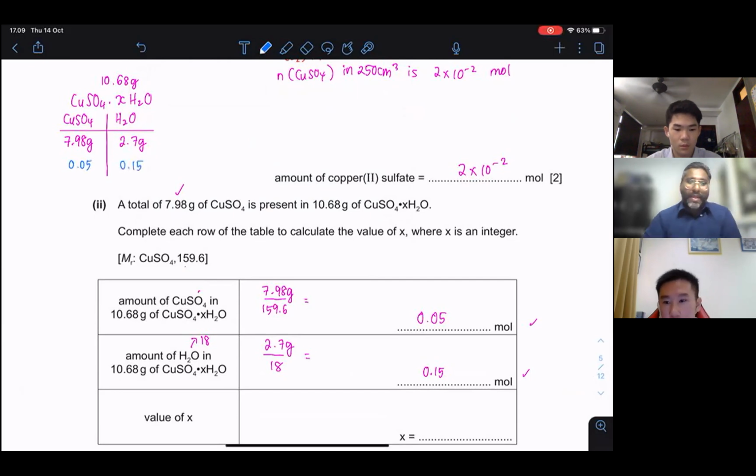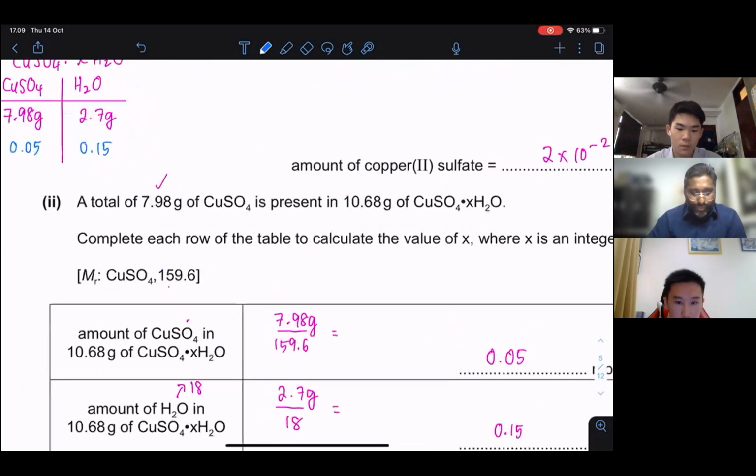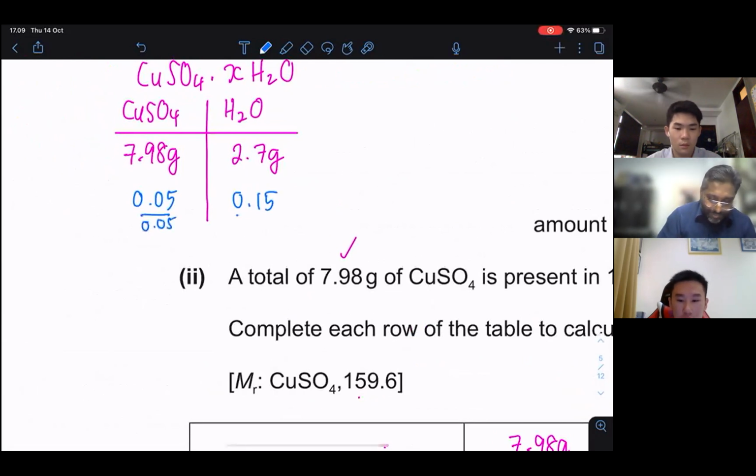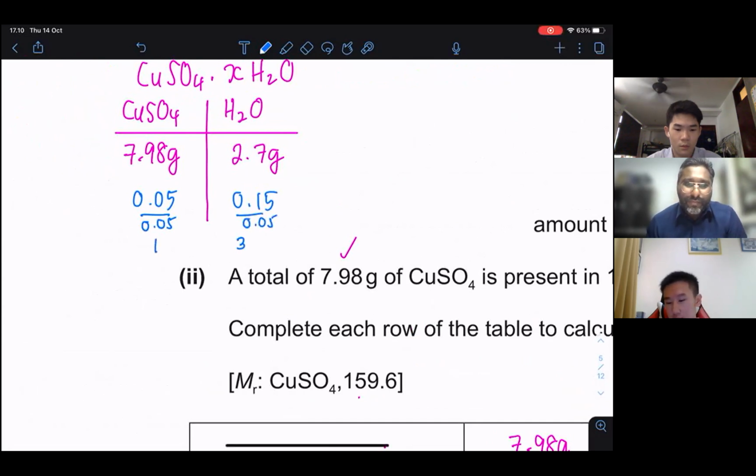When you use the empirical formula method, X is 3, because that's 0.15 divided by 0.05. So we use the same method as empirical formula. Remember the simplest ratio. How do you get the simplest ratio? You divide by the smallest value. So you divide by 0.05 and you will get 1 and 3. So the simplest ratio is 1 to 3.